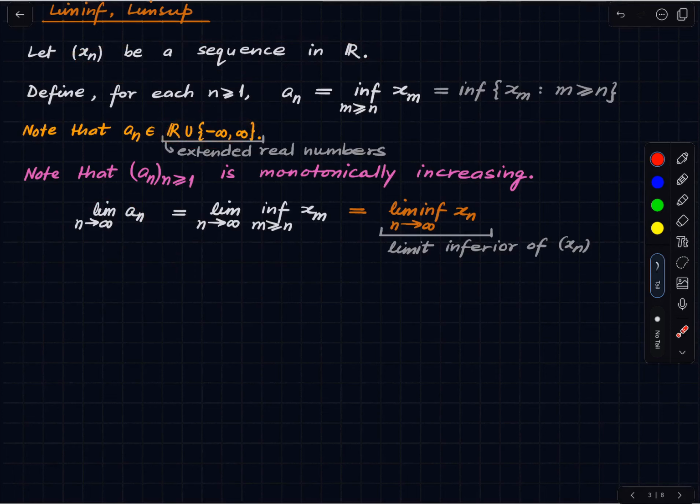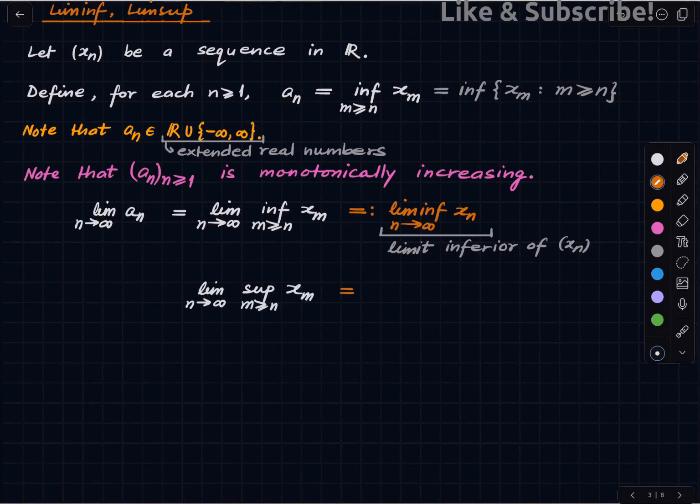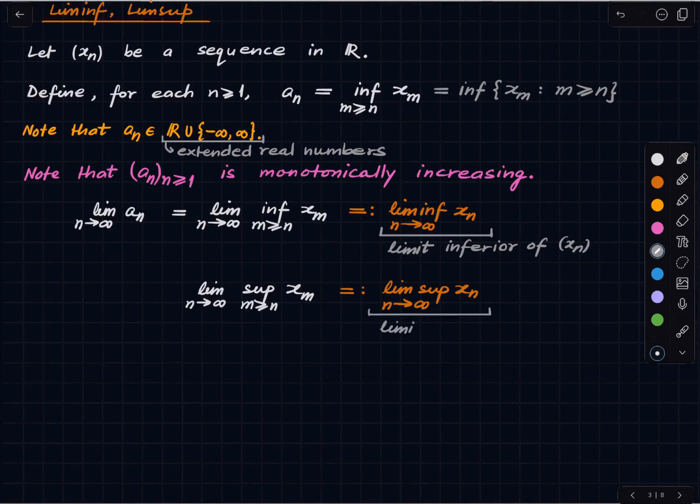Okay. Similarly, you can define this entity completely analogously. Limsup is how we read it. And this is called the limit superior of the sequence xn. Okay. So we extracted two sequences out of a given real sequence. The first is this one, which is taken by considering the infimum of the tail sequences.